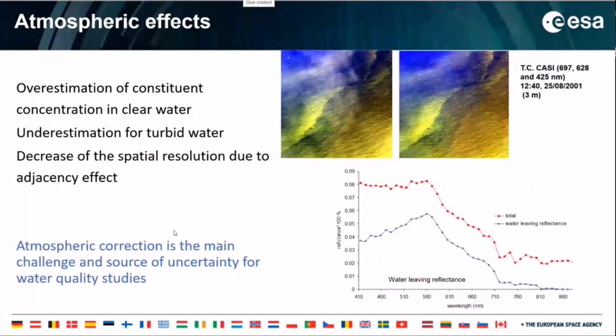But we do not do that just at the top of the surface. Most of the satellite sensors are at the top of the atmosphere, so they are at a height of about 700 kilometers above the Earth's surface. So you see the whole atmosphere before you get to the water target.